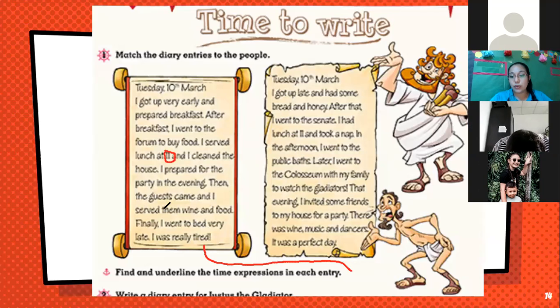The first ones are get up early, prepare breakfast, go to the farm to buy food, serve lunch, clean the house, prepare the party, serve the wine and the food to the guests, and at the end, go to bed, and he was really tired. For that reason, this one is the slave, because the slave developed a lot of activity in the temple.